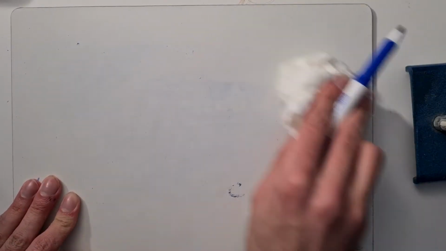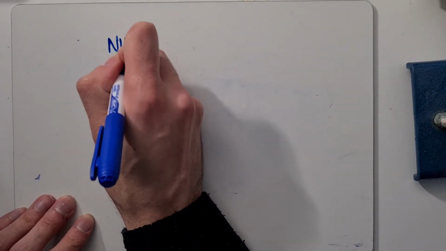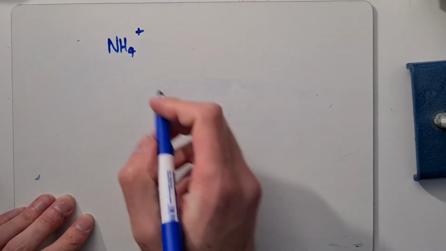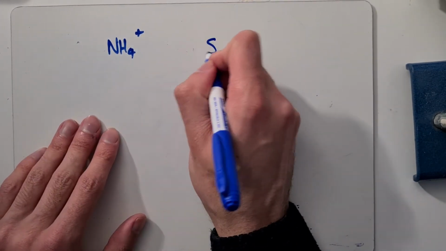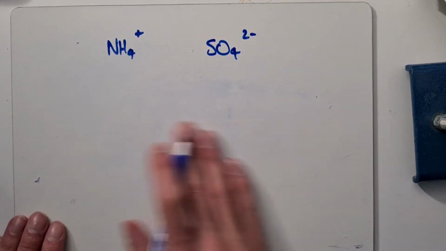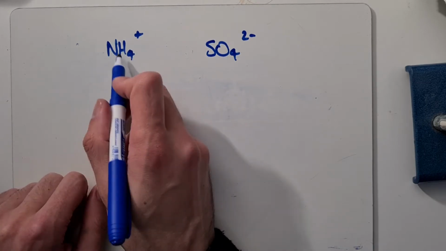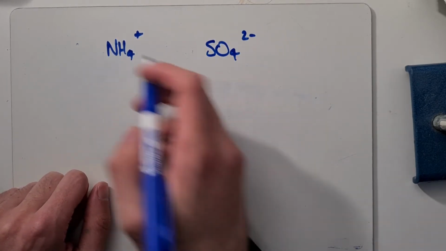Question 4 is about ammonium sulfate. Ammonium is one of the ions you need to know. It's a single positive, and sulfate is 2 negative. So with this, we're going to need 2 ammonium for every 1 sulfate.